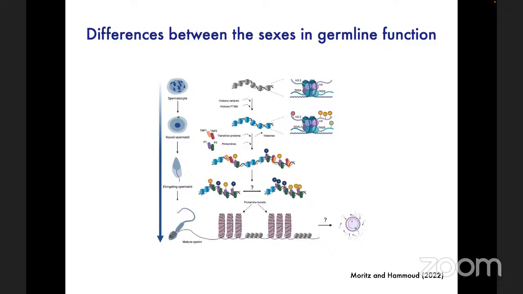The female germline just stays wrapped around histones. So there's this one step that maybe explains the distinction between males and females, where we completely repackage the DNA. And there's probably a lot of errors that happen during that step because it's all just sitting out there unwrapped.